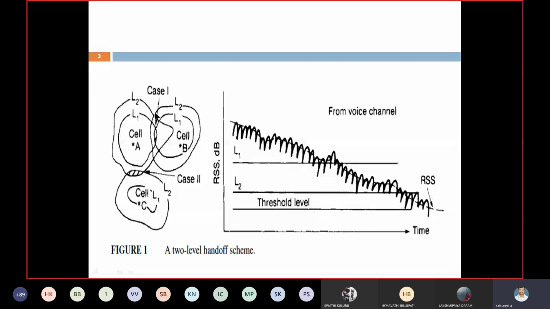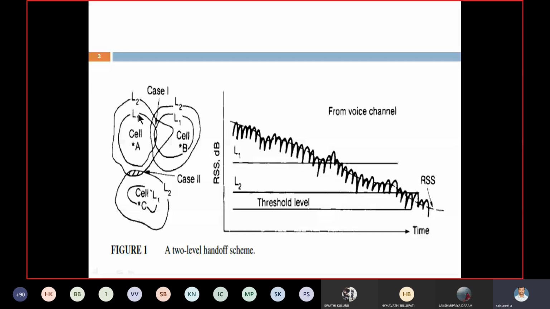Then the handoff must be initialized. That is where the delay comes from. Actually, handoff can be raised at level 1, but due to unavailability of channels, the handoff is initiated at level 2. This is the first case.